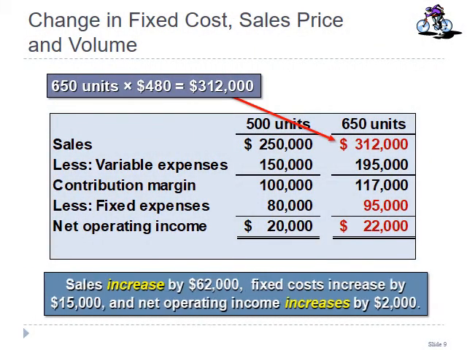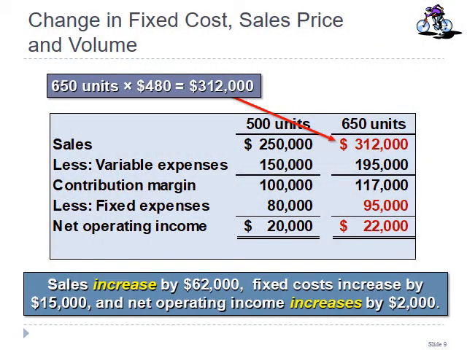So here is the analysis. Since we have reduced the price by $20, where did this 312,000 come from? By multiplying 650 with the new bicycle price of 480, I got 312,000 here.